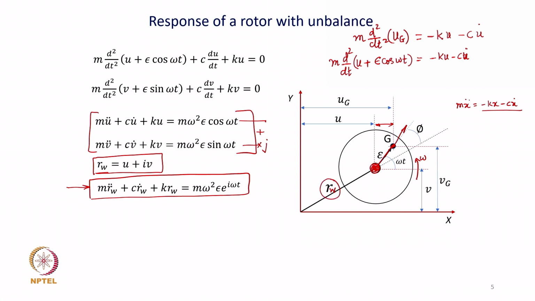Now, this motion of the shaft center around the bearing axis is called, in rotor vibration terminology, the whirl motion. It whirls around the bearing axis, and that whirl motion is nothing but a combined horizontal and vertical vibration of the rotor. So, when the shaft spins, that spinning motion is not vibration, that is a rigid body rotation about its own axis.